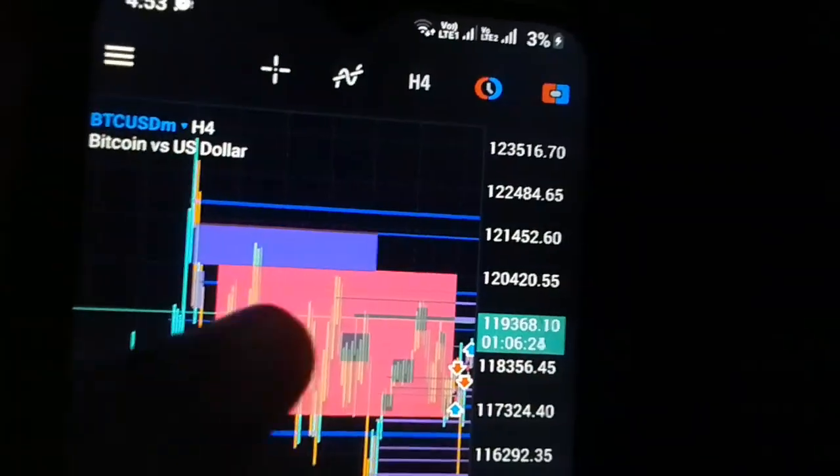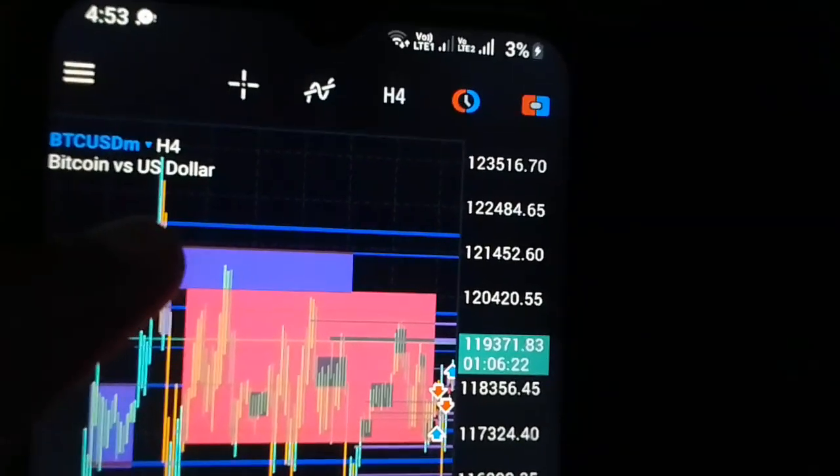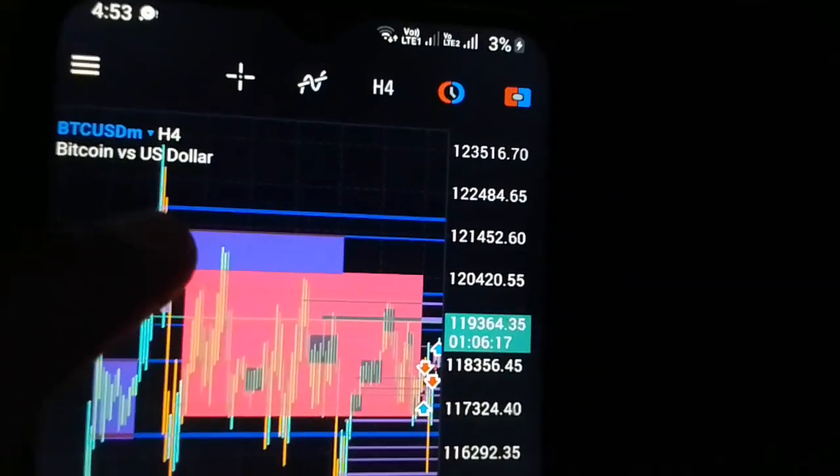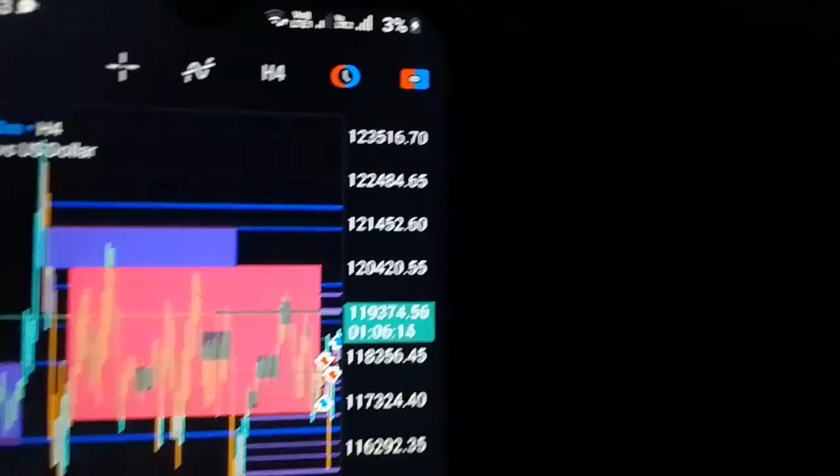but that's not what we're here for. So price has currently touched that point, which was a supply zone, where the supply, meaning the massive drop, started.